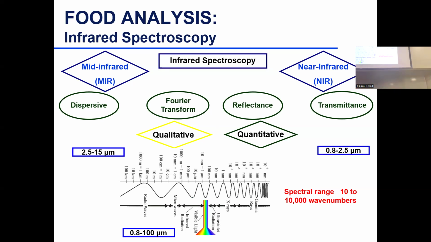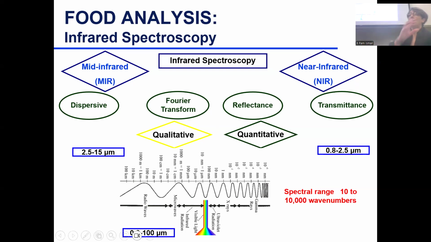So I won't focus really on the mechanism. I will focus more on the application. But just to give you an overview, we have two regions that are really important in the IR region, the mid-infrared and the near-infrared. Near means the wavelengths are close to the red in the visible range.